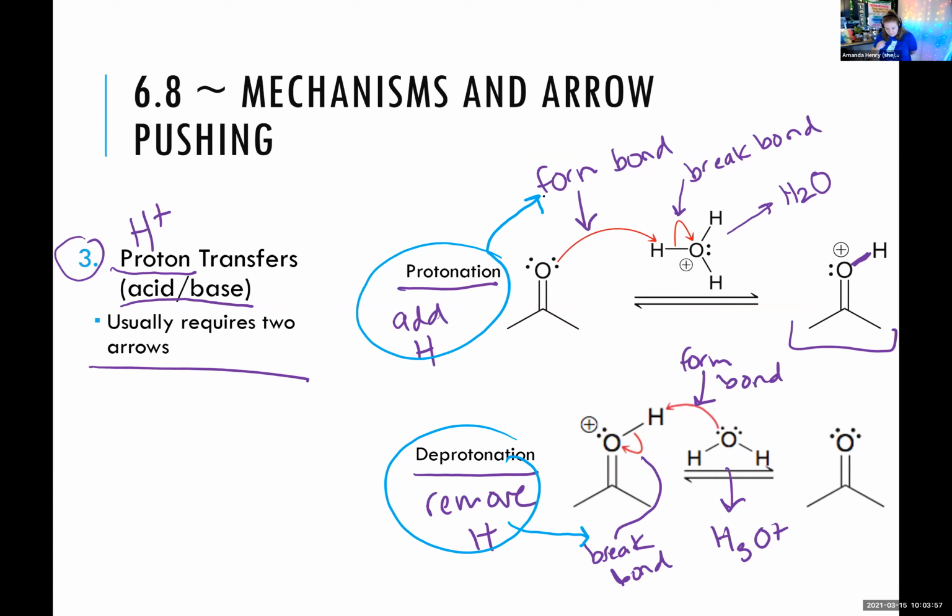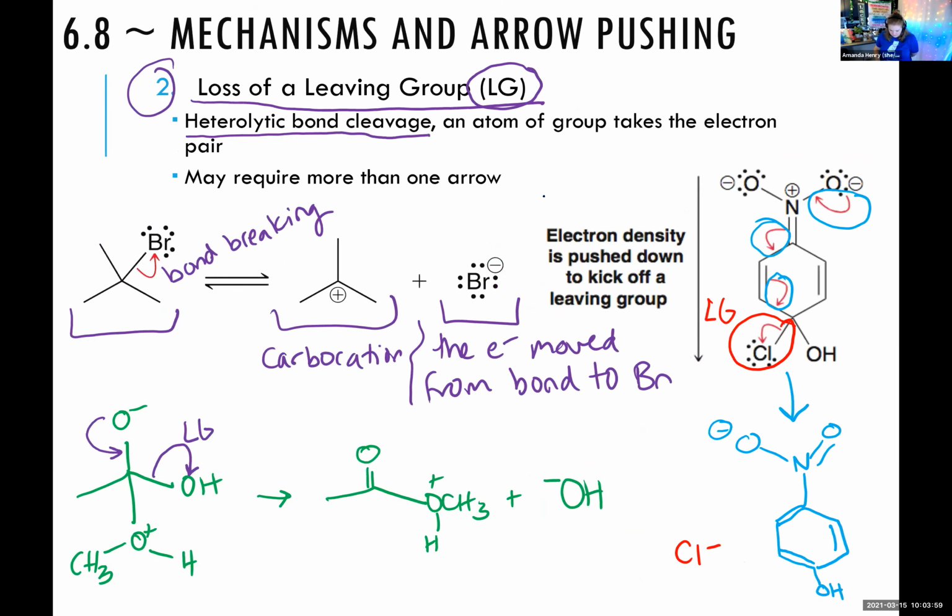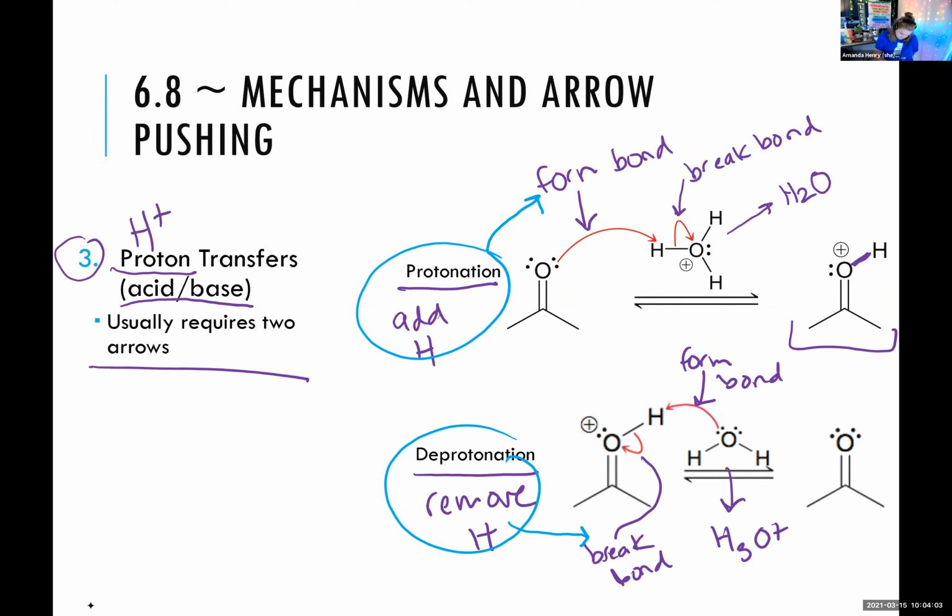I'm going to add one more example over here in the corner. I'm going to go back and continue with this reaction. So this is where we were at. To finish this reaction, we need to remove that hydrogen. We need to deprotonate this structure, so I'm going to use water to do that. I'm going to go from my lone pair on my oxygen.